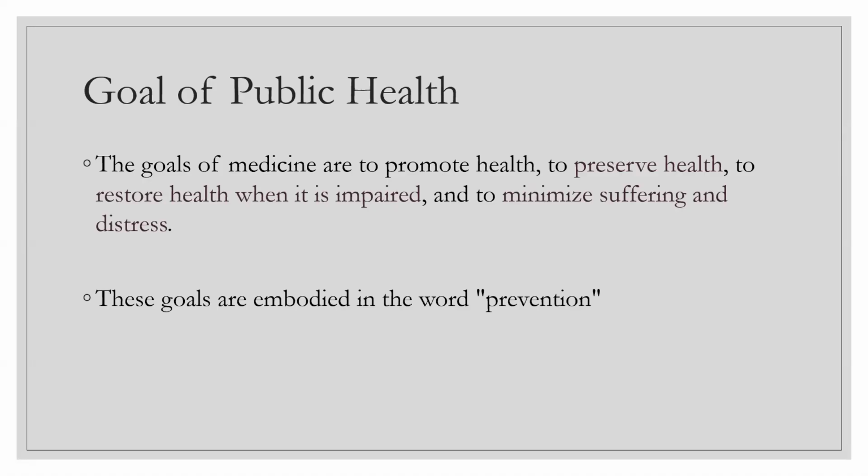And the word to embody this definition, this ideology, is prevention. A situation where either you are promoting health or you are preserving health if there's a threat to it, or you are restoring health if something has gone wrong and made health impaired, or if the impairment is there permanently, how do you minimize suffering and distress?